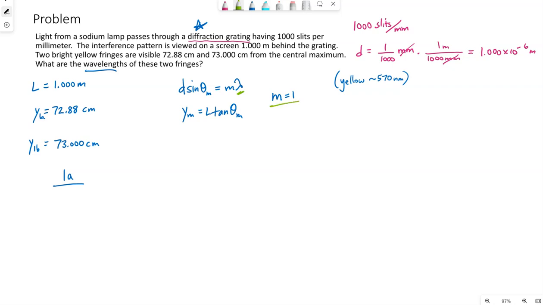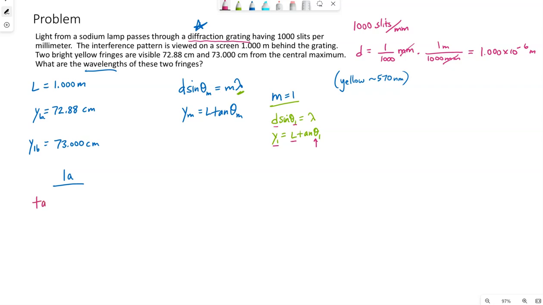Since I am assuming m equals 1, we can say d sine theta 1 is equal to the wavelength. y1, the location of the bright spot on the screen, will be L tangent theta 1. We know L, we know where these are on the screen, so we know y and L. That means we can solve for theta in the bottom equation. Once we have that, we do know d as well. We can use the top equation to find that wavelength.